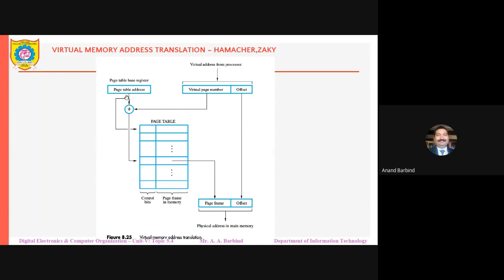So to that address, you need to add something based on the virtual page number, because the entries are sequential. If the virtual page number is 0, then your entry is in the beginning of the page table. If it is, let us say, maximum, then your entry is at the end of the page table.